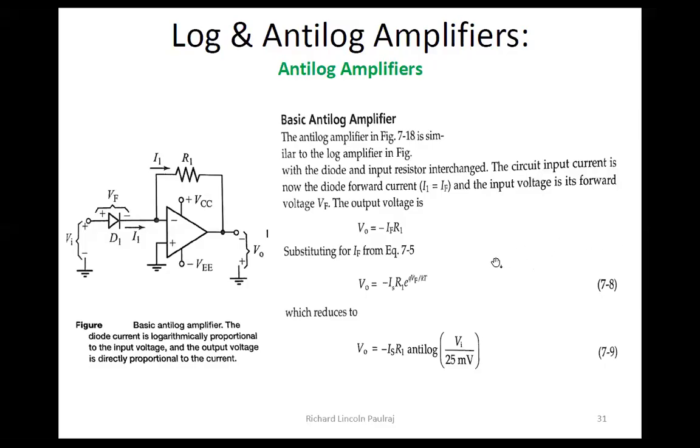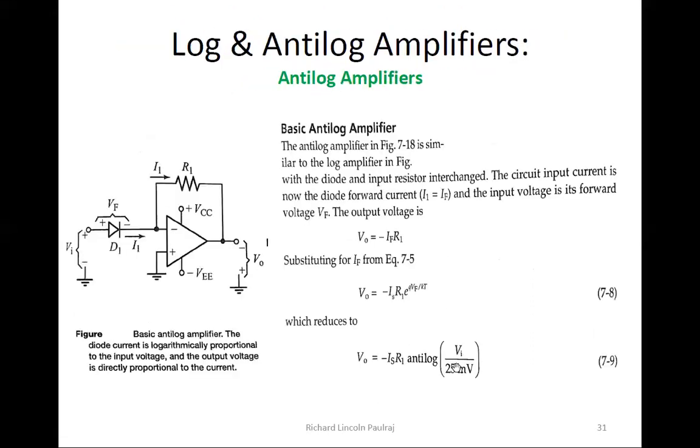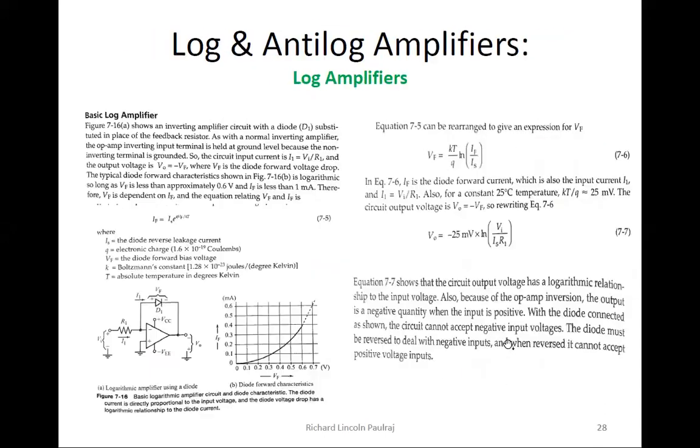Right, so we were seeing that this anti-log is because of this operation here, and we are going to take the value of KT by Q as 25 millivolt. Now you can recall that we had this value, we are actually utilizing this formula here.